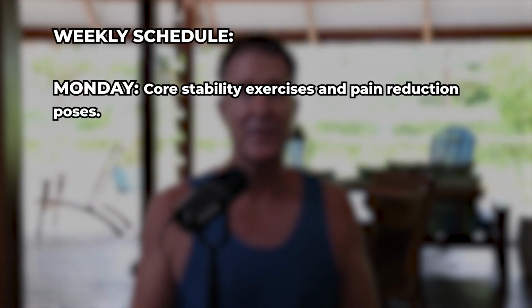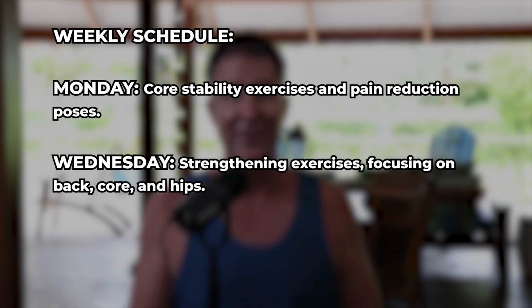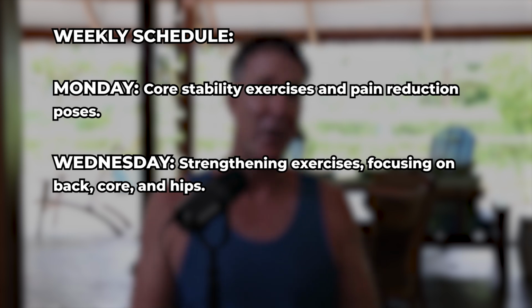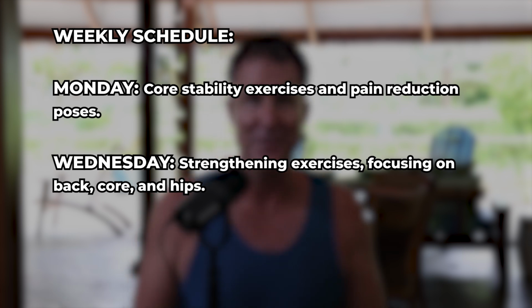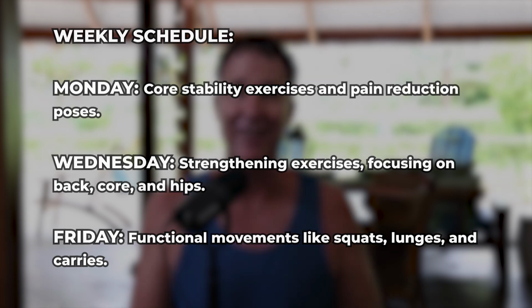Here's an example of a weekly schedule that can really support you on your journey. Maybe on Monday, practice core stability exercises and pain reduction poses. On Wednesday, focus on strengthening exercises, focusing on back, core, and hips. On Friday, bring in functional movements like squats, lunges, and carries.